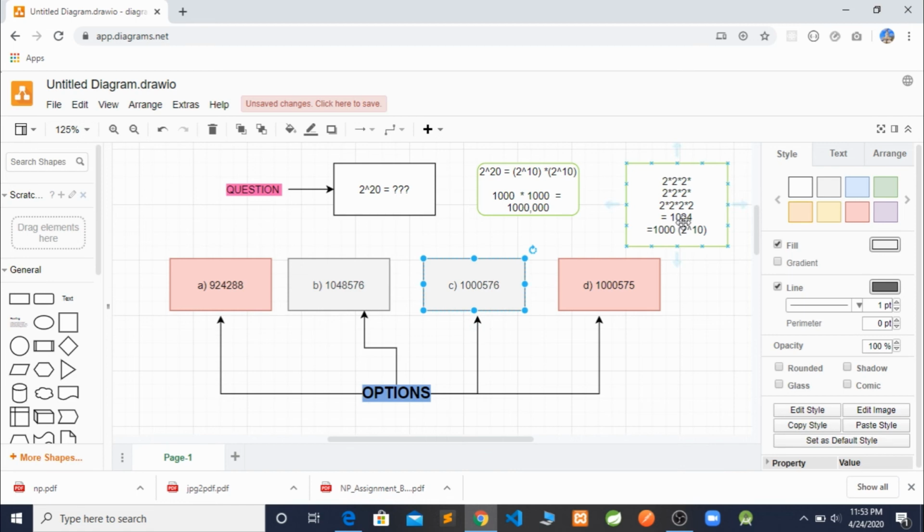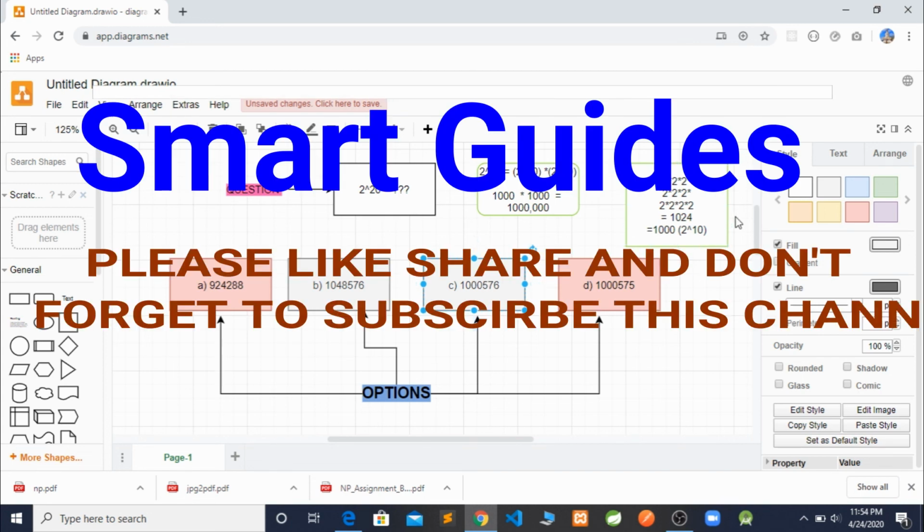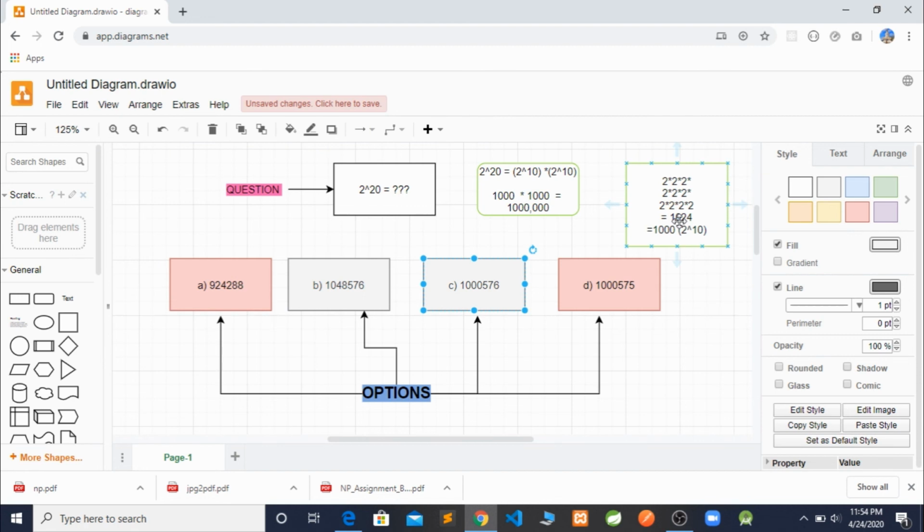But we are not multiplying 24 times 24 only. It got multiplied so many times. This can be a confusing option for you at the beginning, but keep in mind that we haven't multiplied 24 times 24 alone.